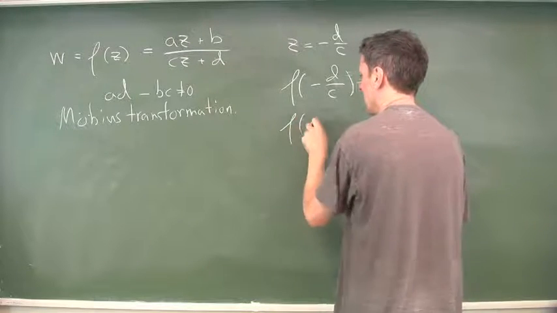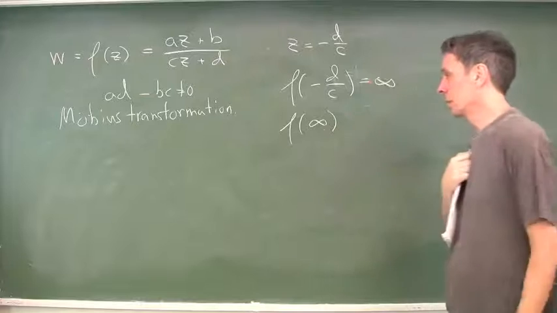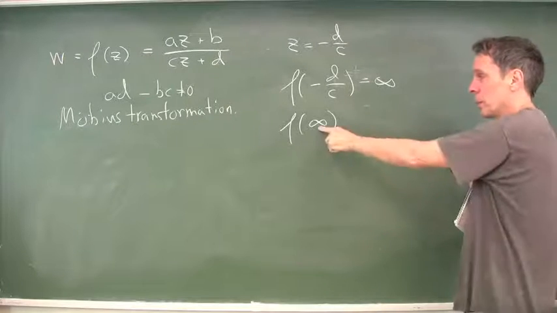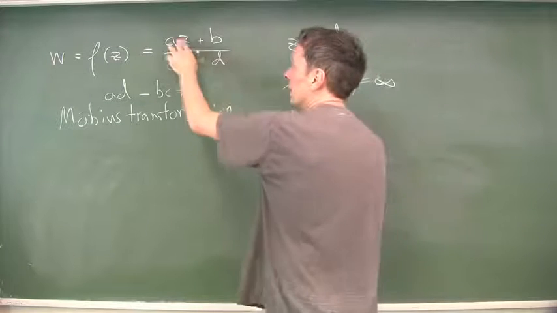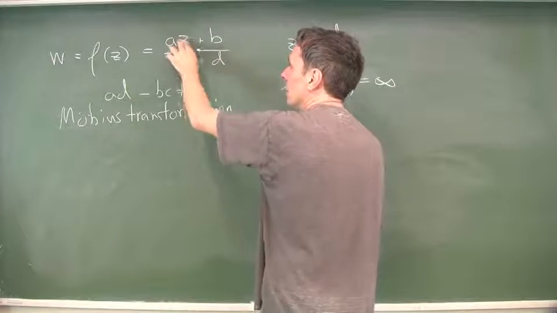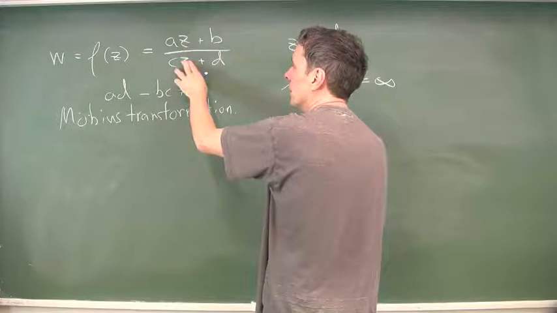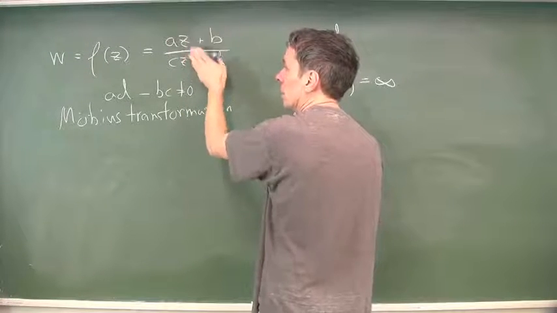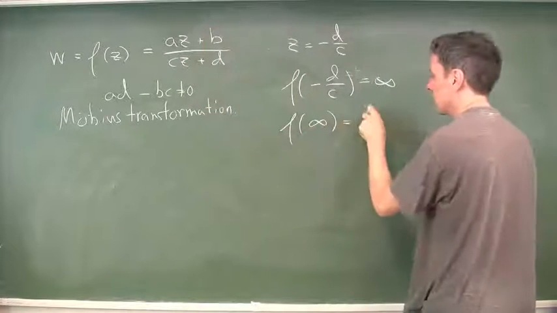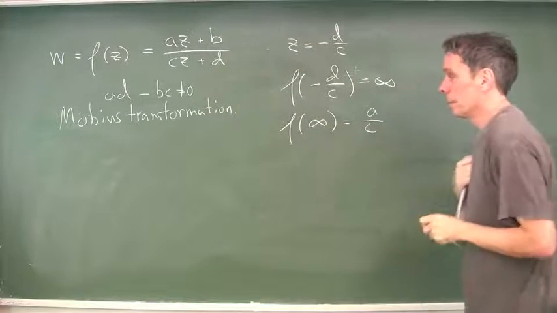And likewise, if you want to know what the Möbius transformation does with the point at infinity, then you see that, well, if you imagine this number to be infinitely large, then you can neglect these terms and cancel this large number, and you get that this must be equal just to a divided by c.